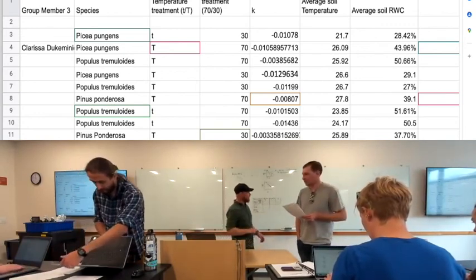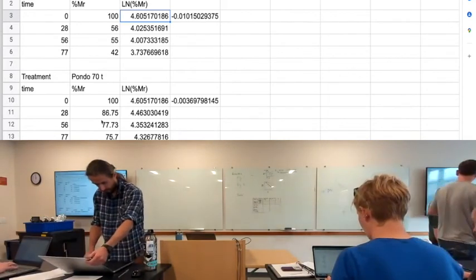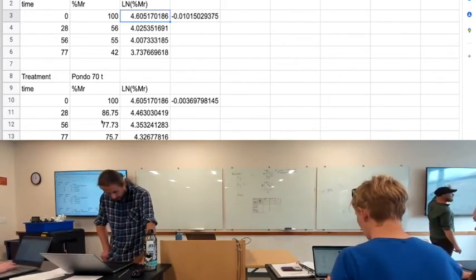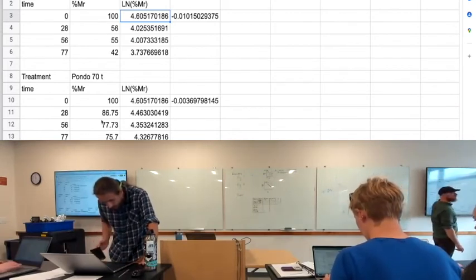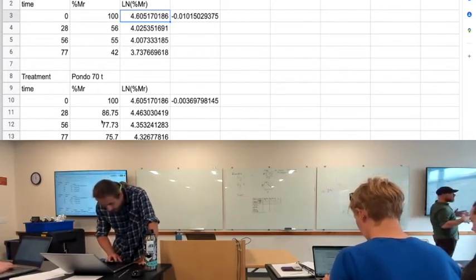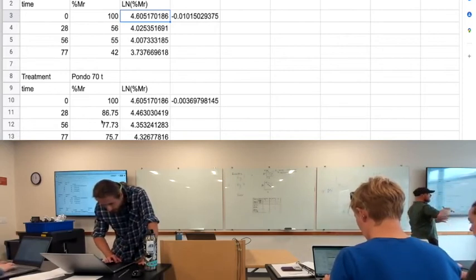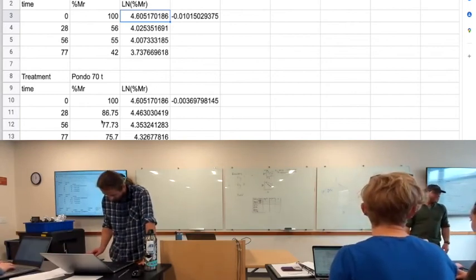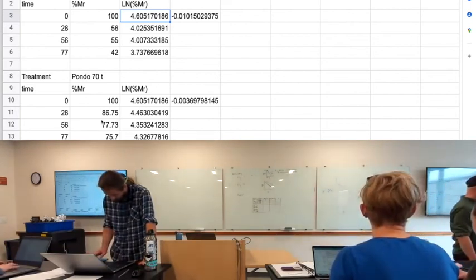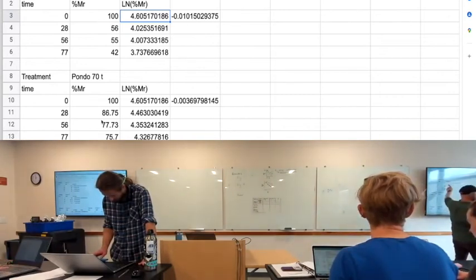Does that make sense? If you entered all of your data here, before you calculated the slope, just delete that number right there, and it will calculate the slope. Then you should get a slightly more realistic answer. Otherwise, you might not want to use ours. Ours is a little screwy.